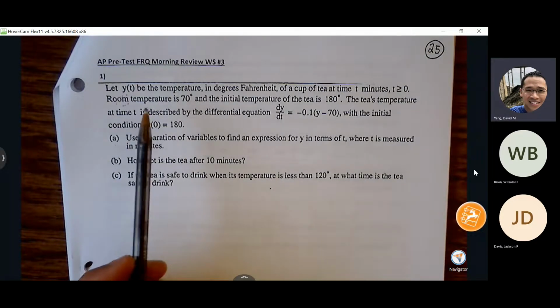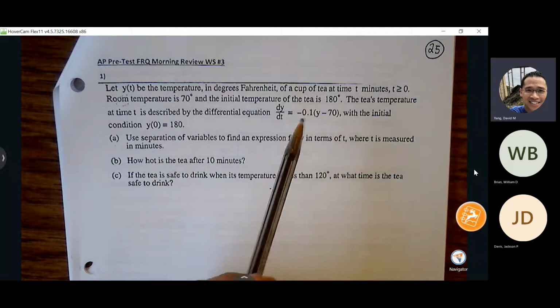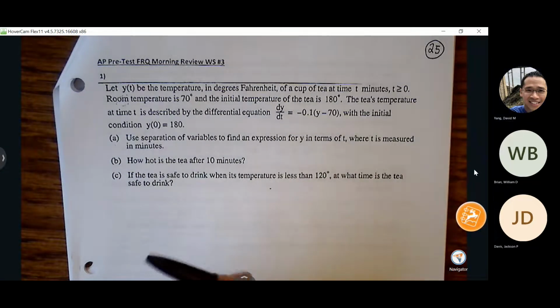Let y of t be the temperature in degrees Fahrenheit of a cup of tea at time t minutes.